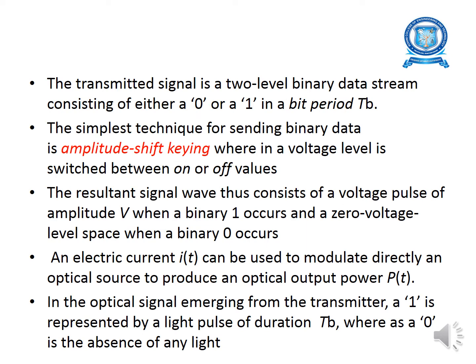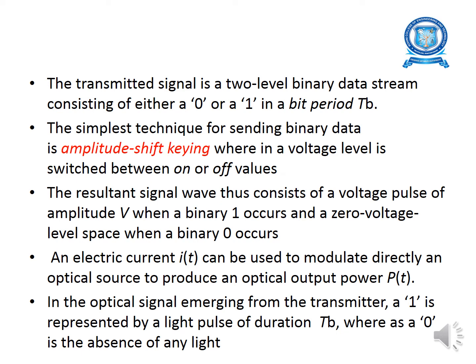Here the transmitted signal is a two-level binary data stream, either 0 or 1 in a bit period of Tb seconds. The simplest technique for sending binary data is amplitude shift keying, where a voltage level is switched between on or off values.